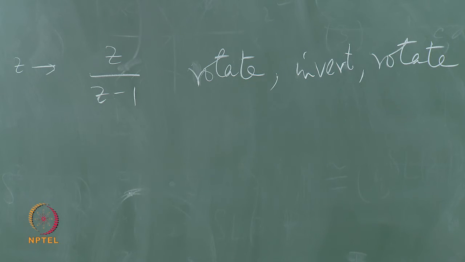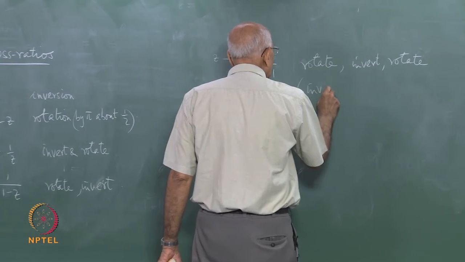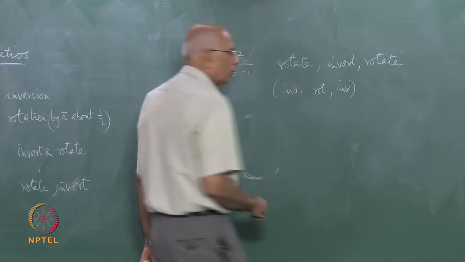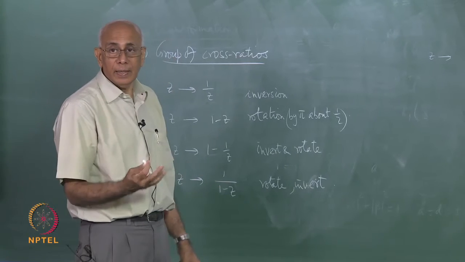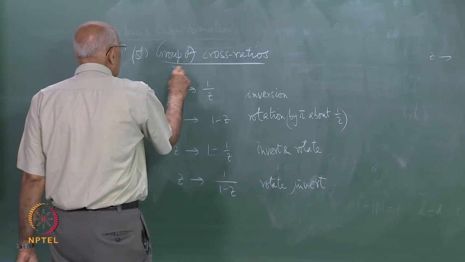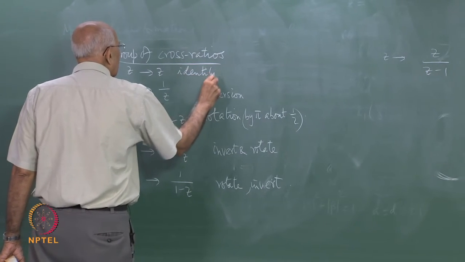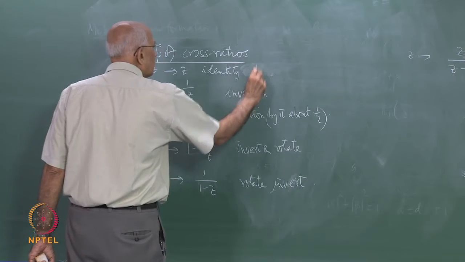So that is not doing anything new. You could also just as well have written this as invert, rotate, invert. Okay. And of course to show something as a group you need the identity element. So z goes to z, this is the identity transformation.